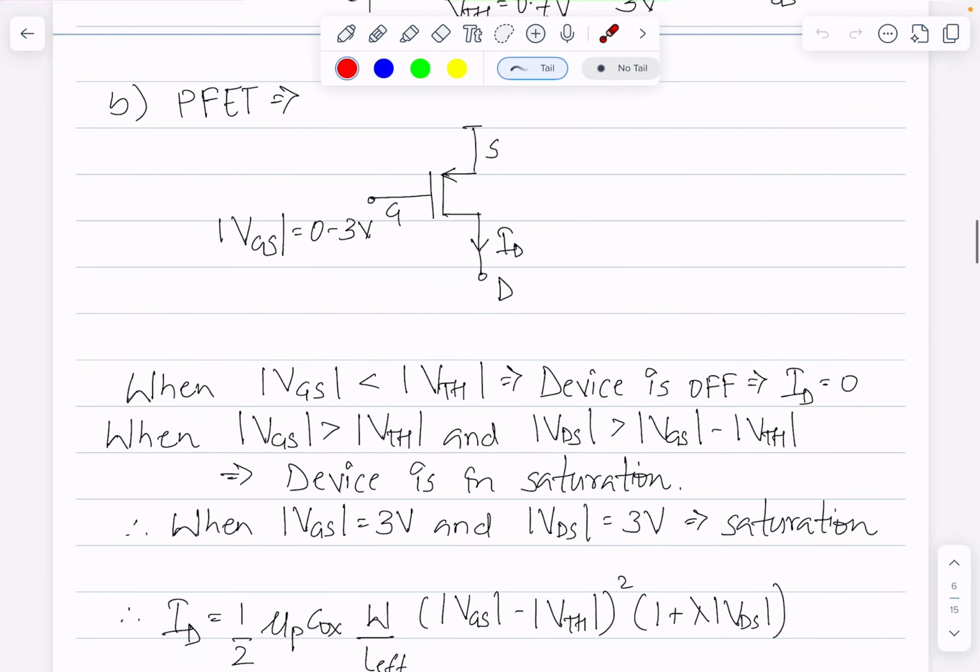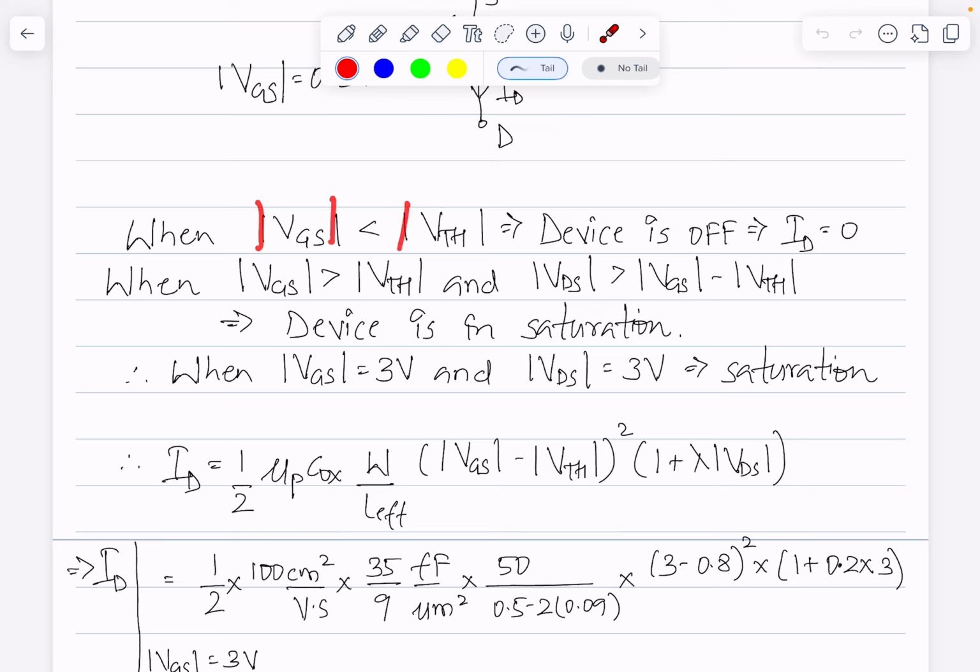Similarly for PFET, we have this situation. You have mod VGS, it goes from 0 to 3 volts, and then you need to find ID at VDS equals 3 volts, mod VDS. With the PMOS, you need to be very mindful of the mod here.